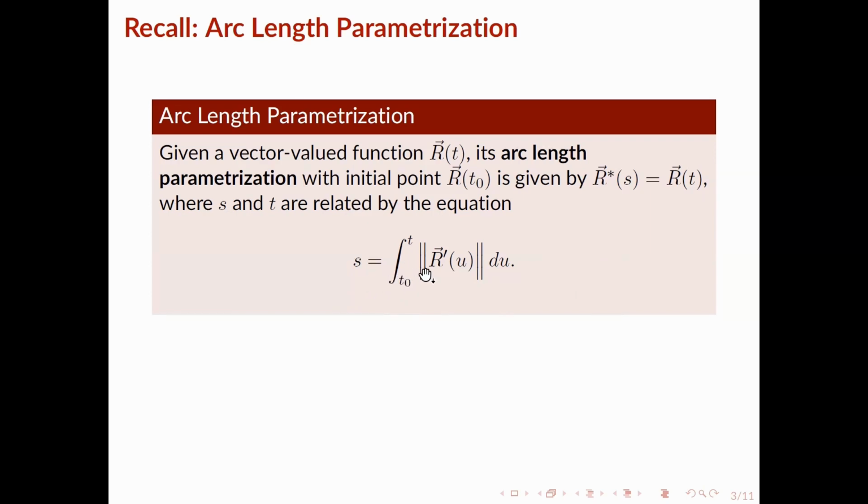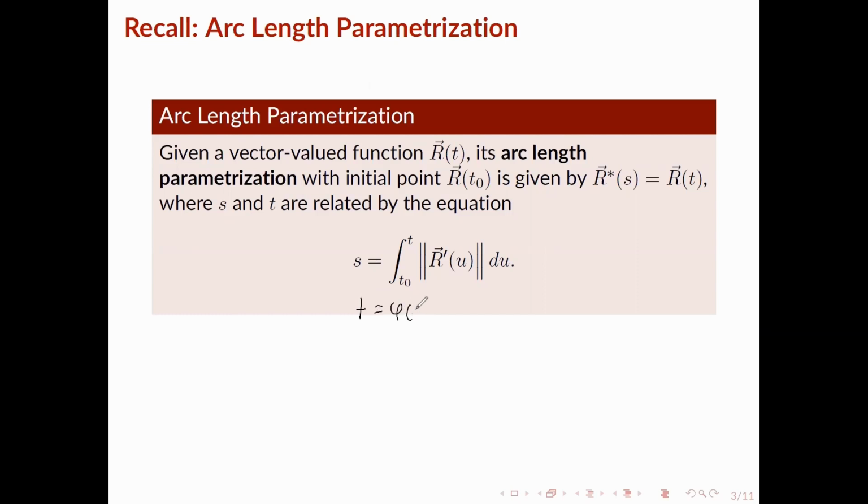In this case, we'd have to evaluate this integral with the bounds t naught and t. And if you evaluate this, you'll get some expression in terms of t. After that, we solve for t in terms of s. Let me write that down. We solve for t in terms of s.